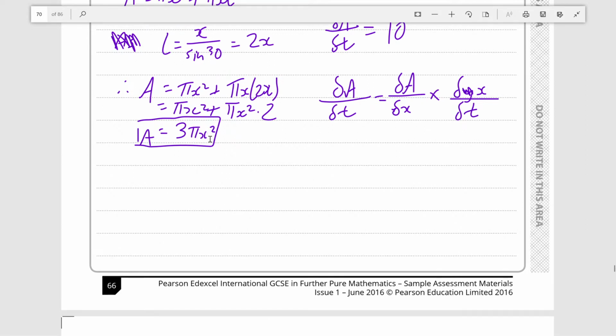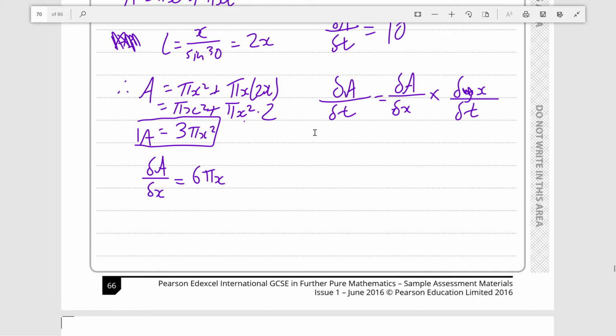If A is 3 pi x squared, dA by dx must be equal to 6 pi x, just the power rule here. So 2 times 3 pi times x, because you're left with x to the power 1 after applying the power rule.